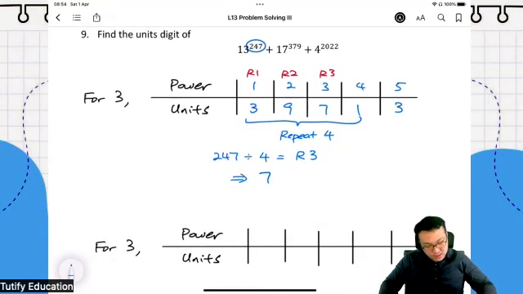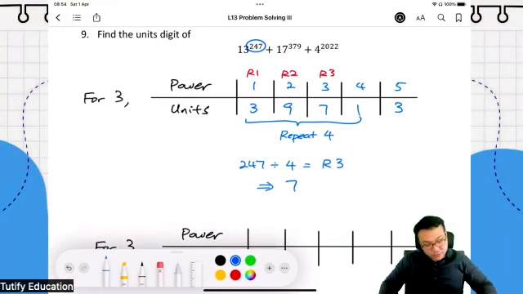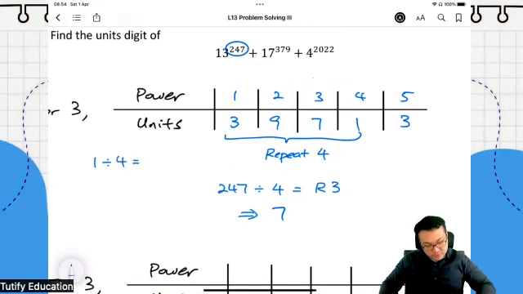Students, please take note. If the pattern keeps on repeating, you just need to divide by 4 and find out what the remainder is. For example, 1 divided by 4, the remainder is 1.